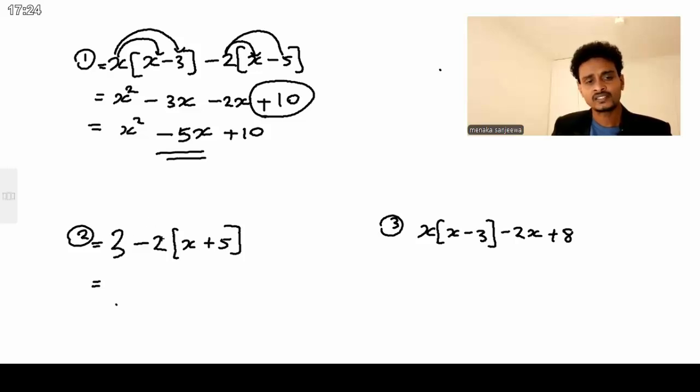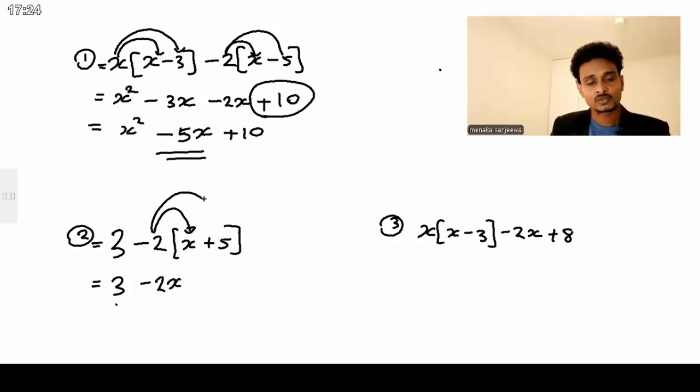So what you have to do is expand the bracket. This bracket you have to expand by minus 2. So what will happen to 3? Until they multiply, 3 will be there as it is. Nothing happened. Now multiply minus 2 into x. Remember, when you multiply by a minus number, the sign changes. So minus 2 into x is minus 2x.